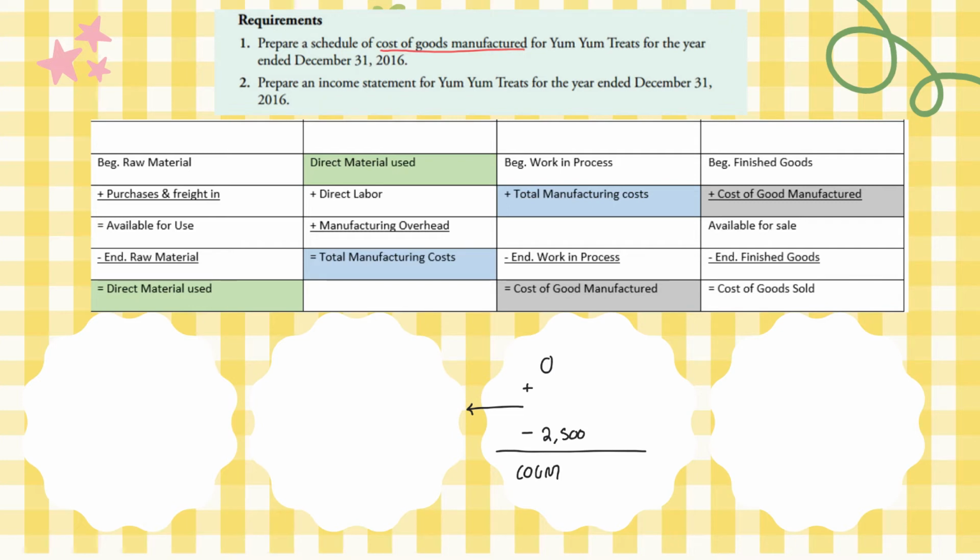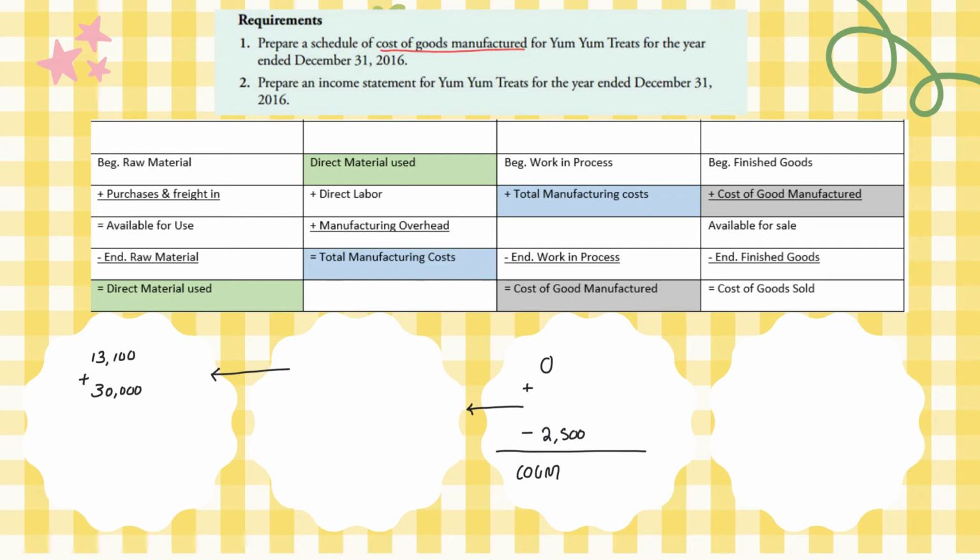So let's go back to the first formula to find direct materials first. Beginning raw materials is 13,100. I add to it purchases and freight in, and the first item under other information is the purchases, which is 30,000. We don't have freight in. Freight in means the transportation when the buyer pays for it.